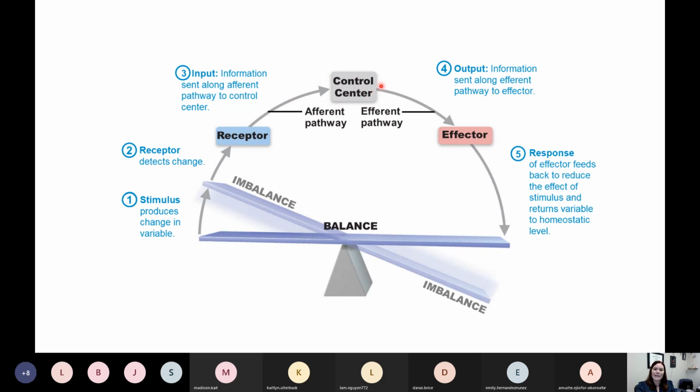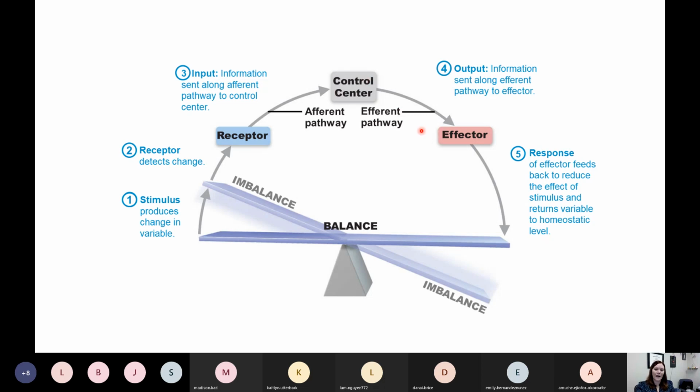So the control center is typically something in your brain or in the part down below it called the brain stem that figures out what needs to be done. It sends those directions, information that my body is too hot, my control center would talk to effectors to cool me off.